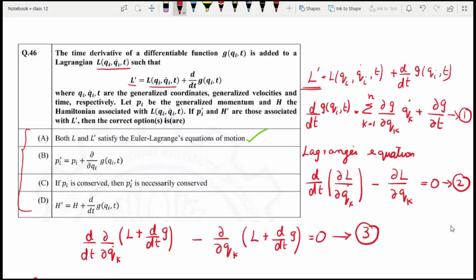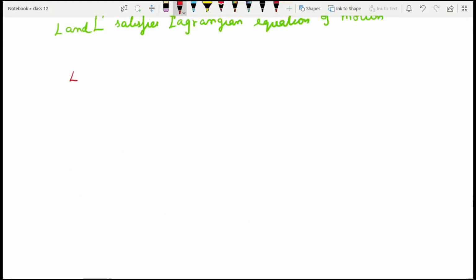Now we will substitute equation 1 in the new Lagrangian. So the given Lagrangian is L prime is equal to L(qi, qi dot, t) plus d by dt of g(qi, t).